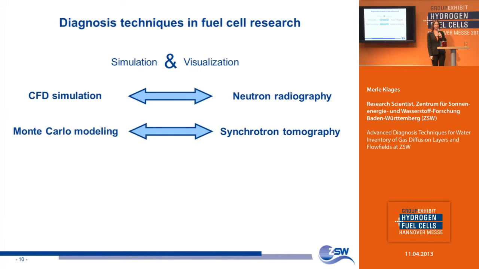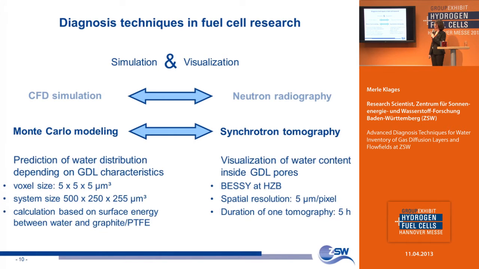Now, in my second part, the Monte Carlo modeling in combination with synchrotron tomography. As you saw, with neutron radiography, we could visualize a whole cell with an active area of 100 square centimeters.